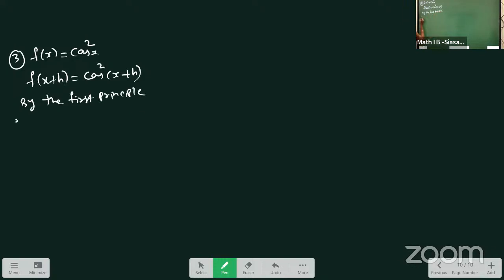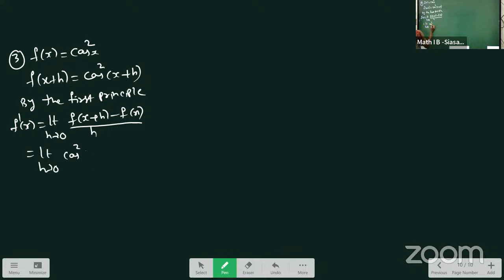Formula is f dash x is equals to limit h tends to 0, f of x plus h minus f of x by h. So limit h tends to 0, f of x plus h is cos square x plus h minus f of x is cos square x by h.